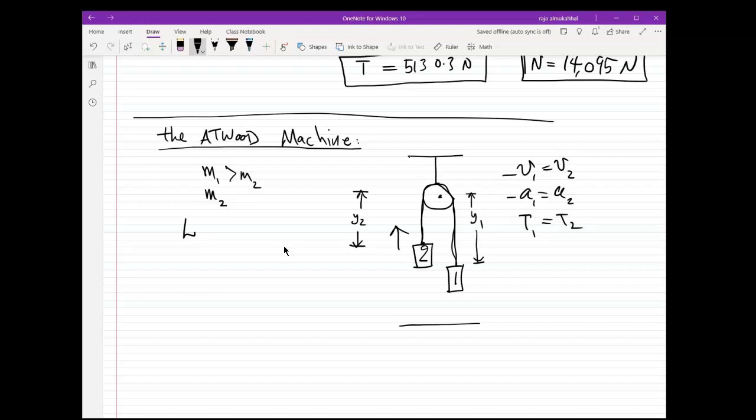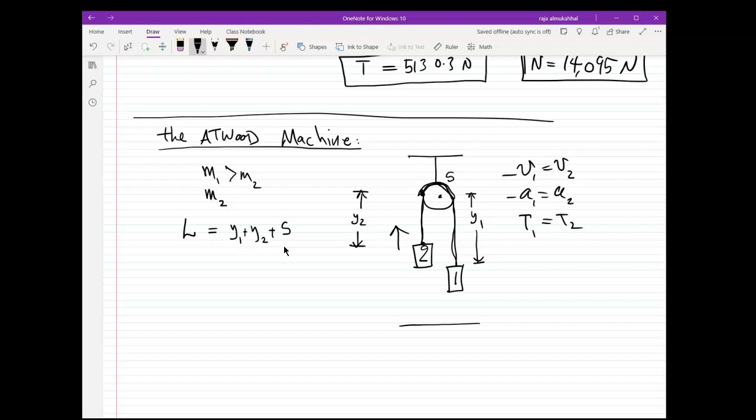Then the rest of it is this part, I'm going to call that S. So the total length of the cable is y1 plus y2 plus S. S is the part on the circumference of the pulley. Got it so far?